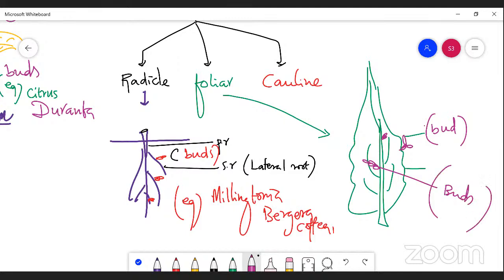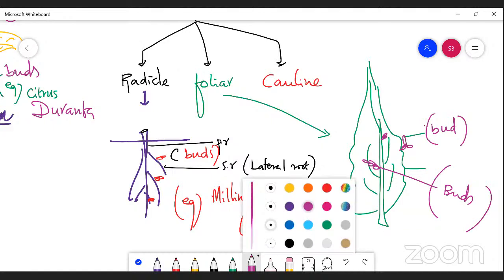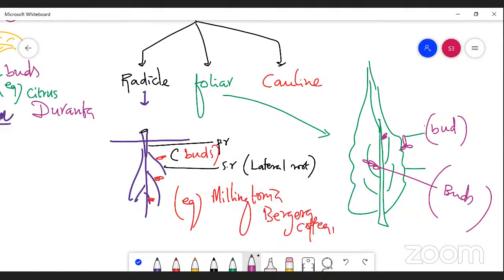It originates from the middle part or vein portion or midpoint of the leaf of the plant. An example for foliar buds is Bryophyllum.